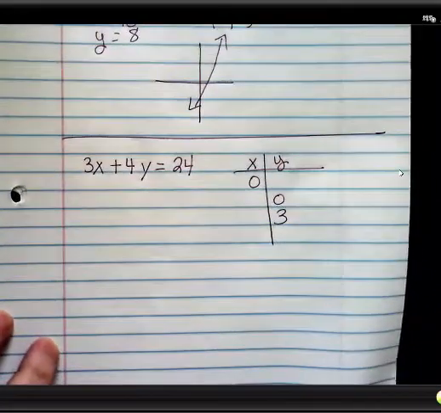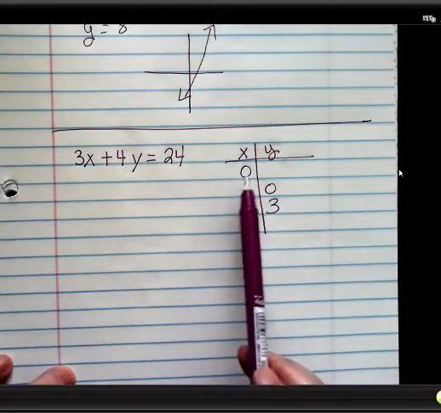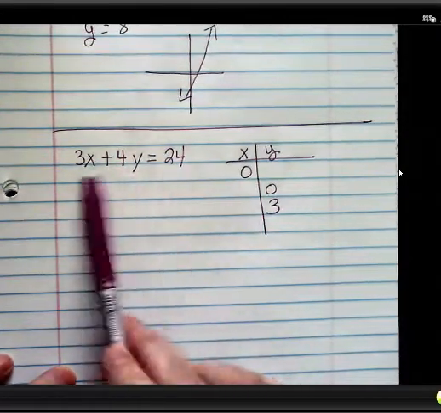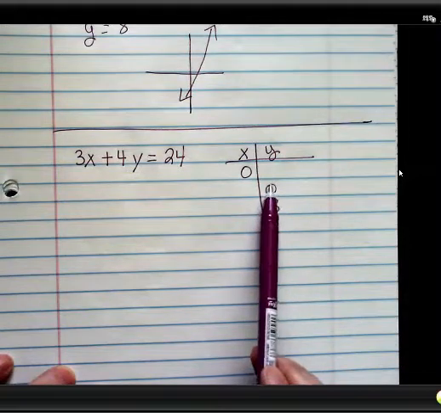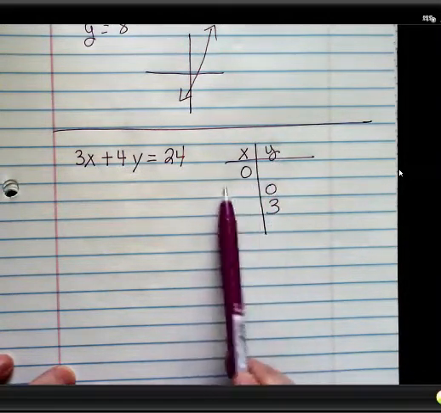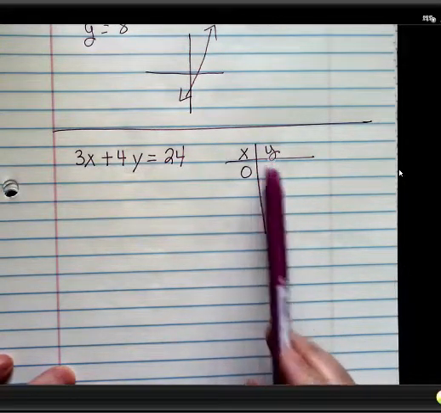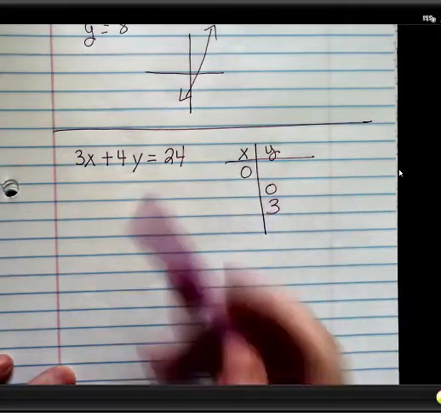Now, this may look weird, but all it's asking you to do is take 0 for x and solve for y. Then it wants you to take 0 for y and solve for x. And then it wants you to take 3 for y and solve for x. So let's do x first.